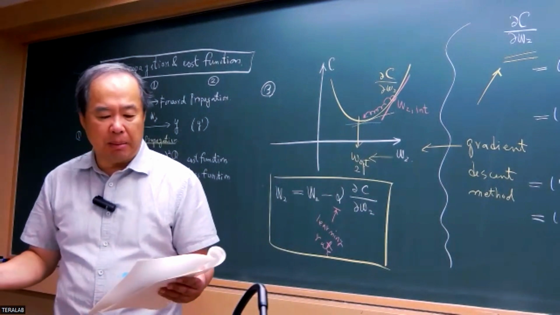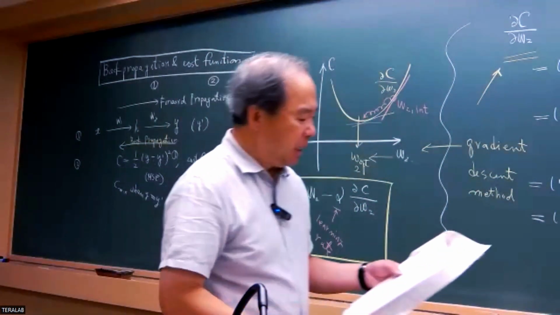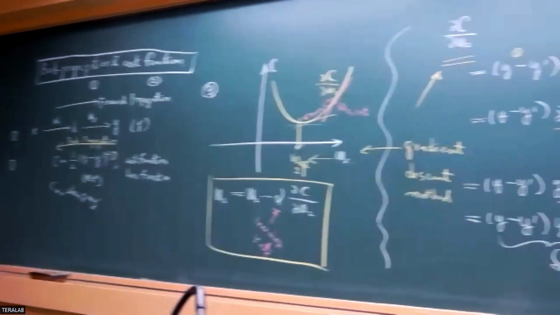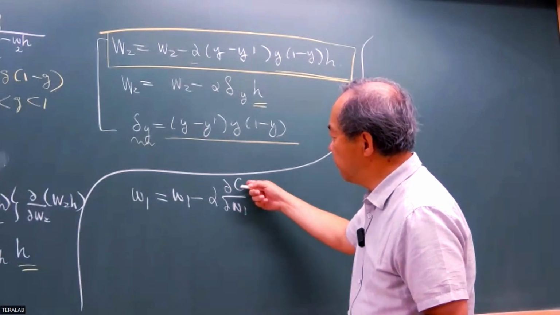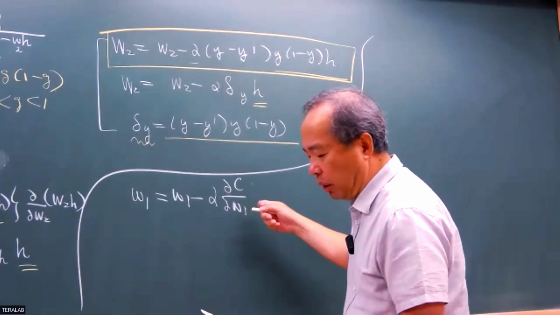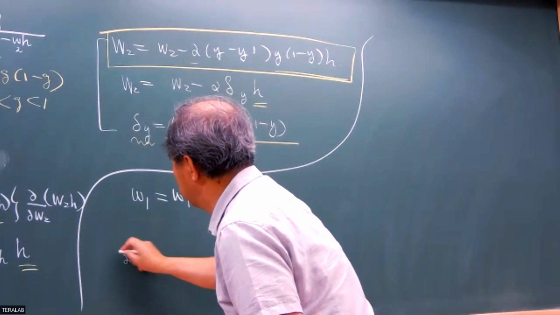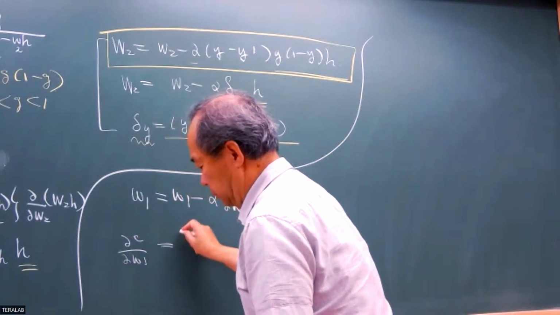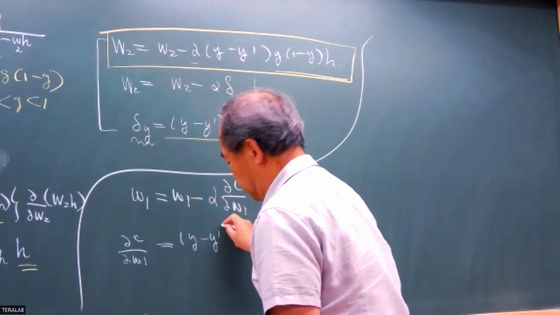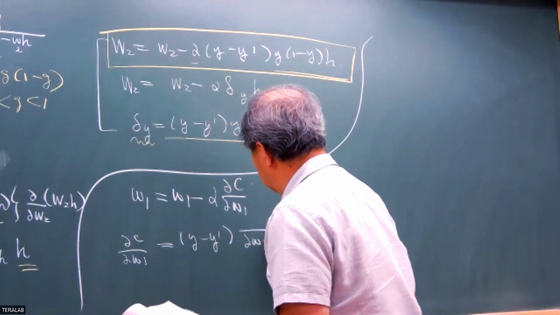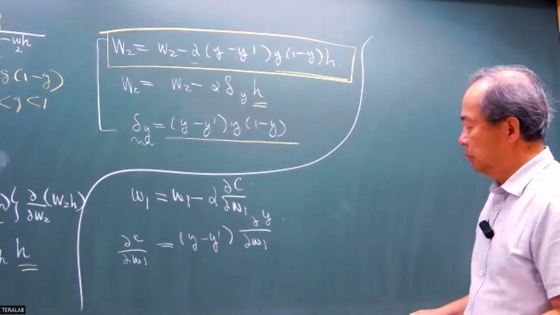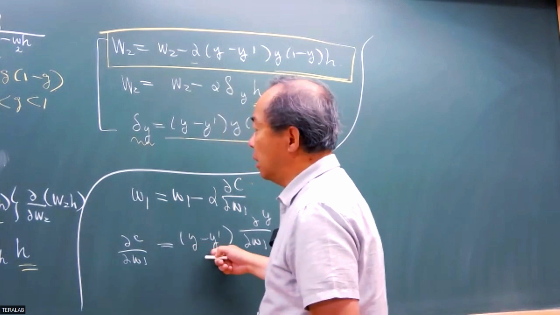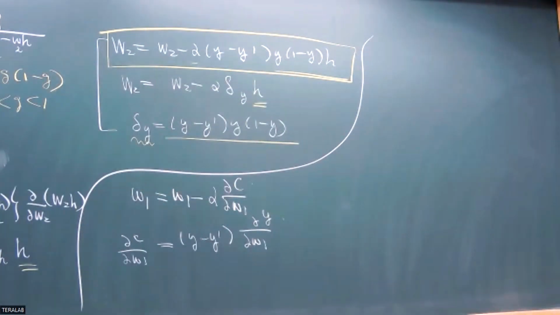But the principles are the same. So now I would like to derive equations to show the derivative of the cost function with respect to W1. The first term is actually coming from the mean square error function, the derivative of the mean square error function.